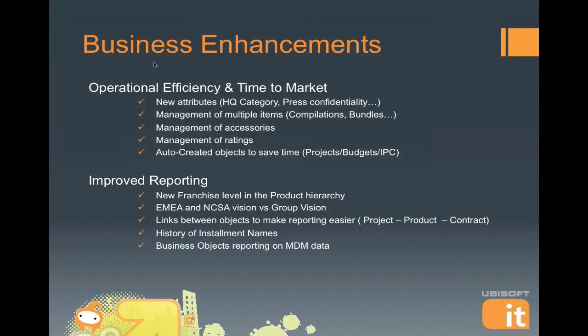And then certainly from a reporting standpoint, we were able to, for any of the different data elements, project, product, or contract, do reporting both from a local or an individual product basis to a global view of the same thing.